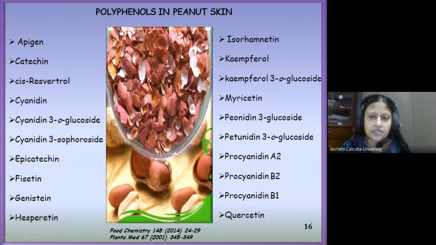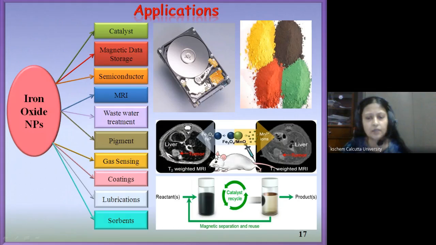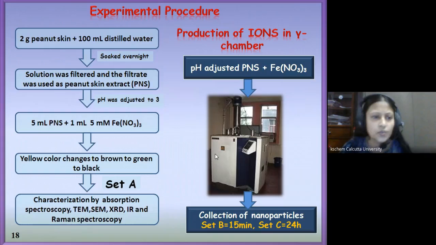The reported presence of different polyphenols in the peanut skin extract are these. And iron oxide nanoparticles have separate applications in different fields like catalyst, magnetic data storage, semiconductor, MRI, wastewater treatment, and so on. So we synthesized our nanoparticles by taking 2 gram of peanut skin in 100 ml distilled water.